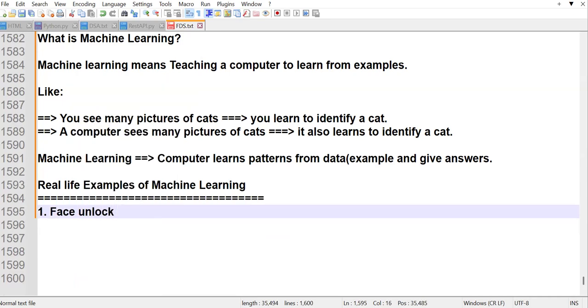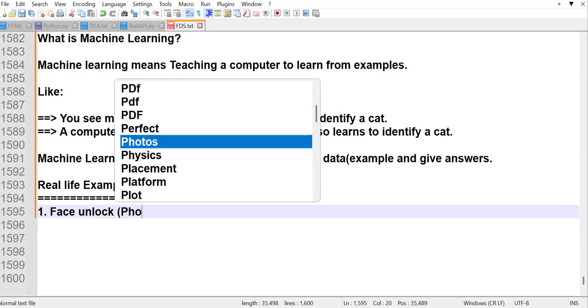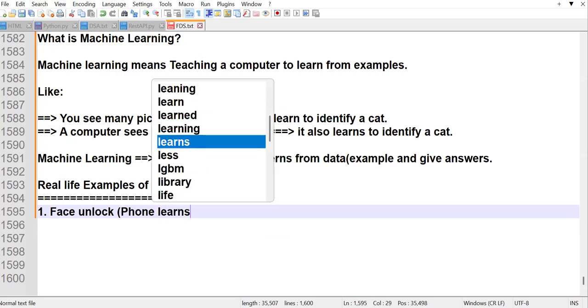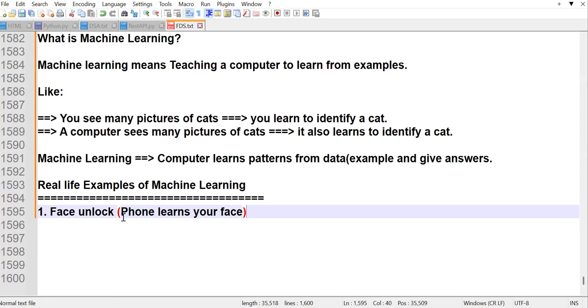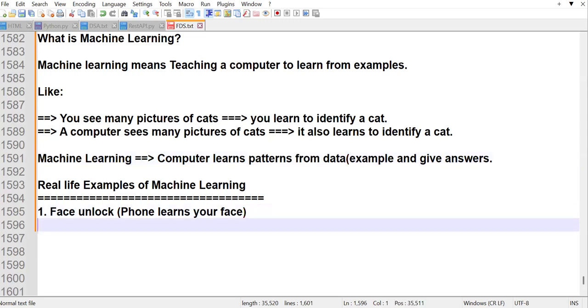So how does it work? In the phone, what it does is the phone learns your face. Once you enable the face lock, you show your face to your mobile, and it understands the pattern of your face. Then it remembers it, right? So it is used in face unlock.